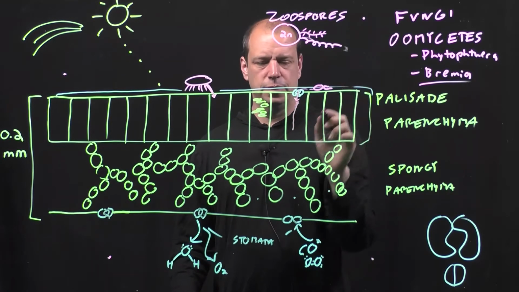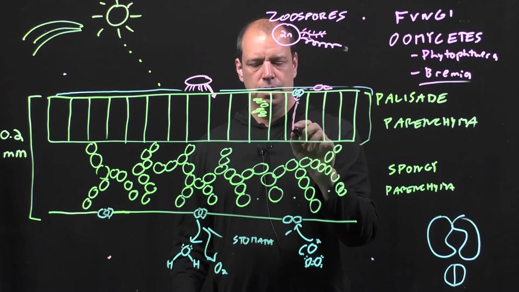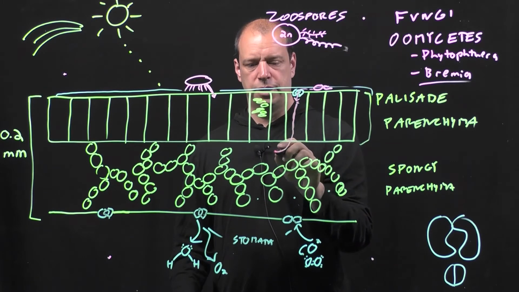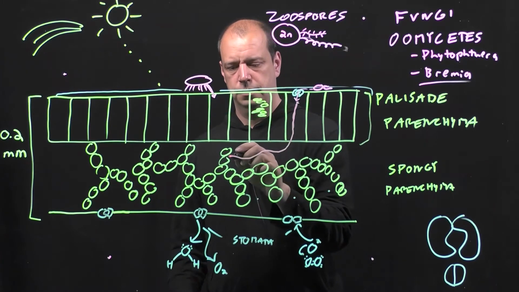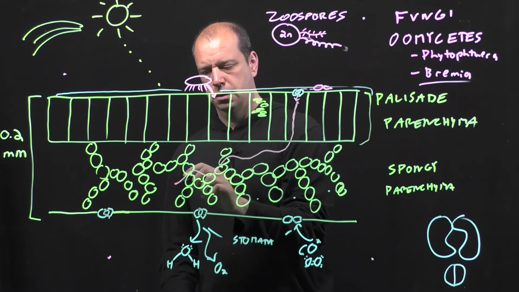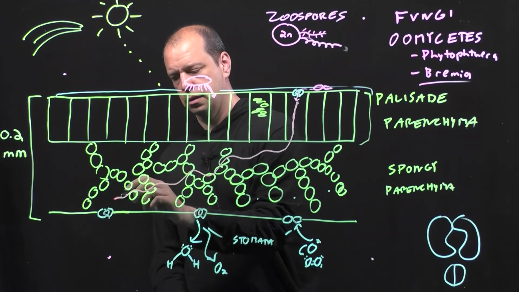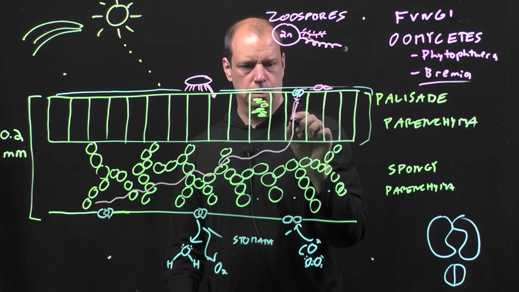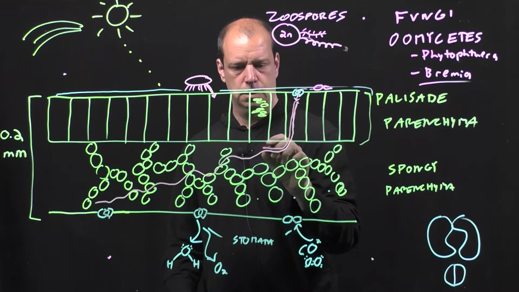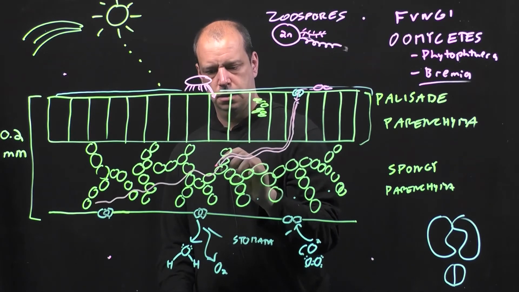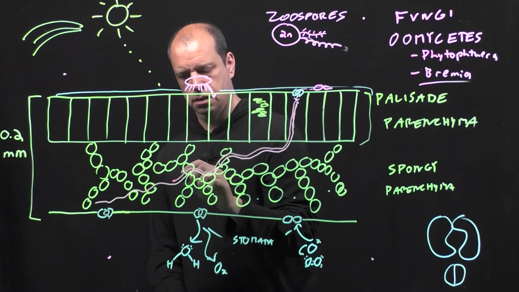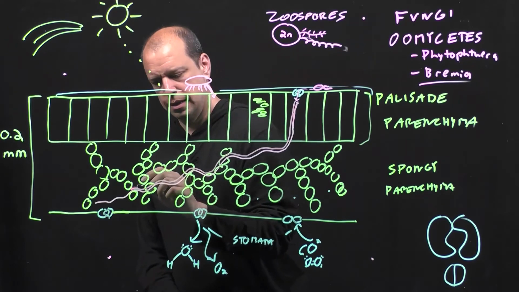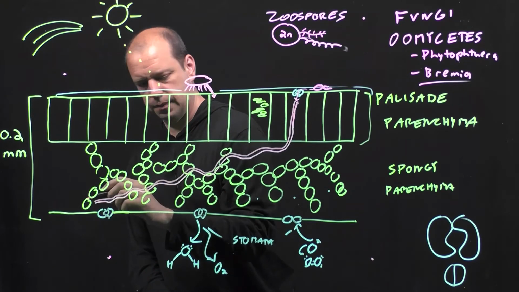That's why these are known as filamentous pathogens that can then penetrate throughout the plant and is able to extract nutrients along the way.